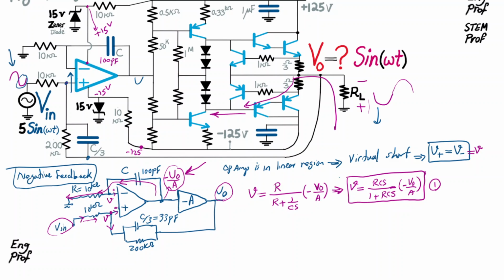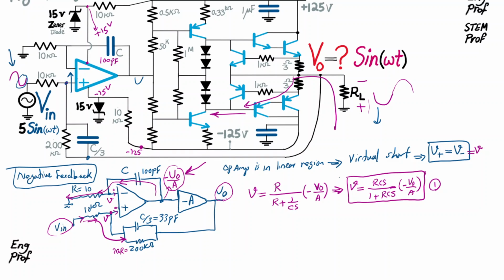So the current that is coming through 10K should continue through the combination of C over 3 and 20R, let's say, because we are saying R is 10K, so therefore in this circuit 200K is effectively 20R.